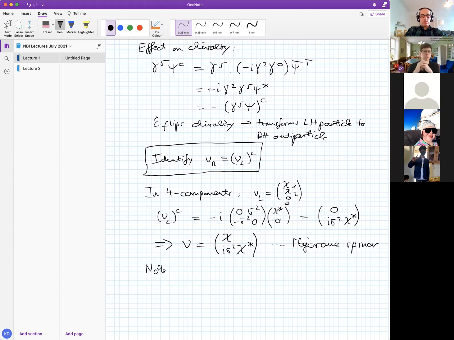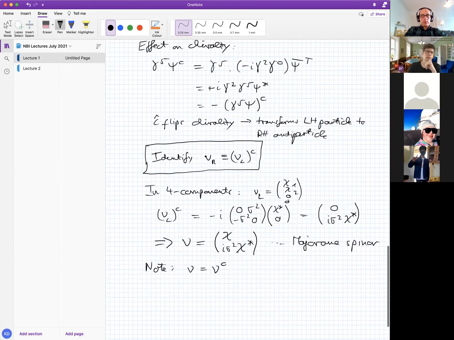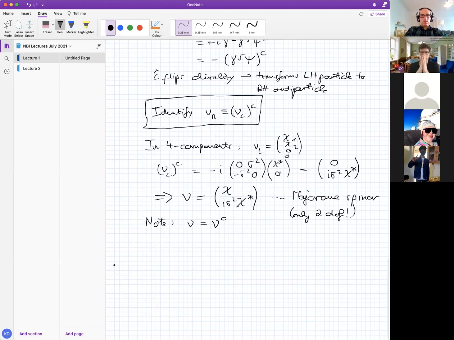Note that this spinor has the property that nu is equal to nu charge conjugate. But also remember that the Majorana spinor has only 2 degrees of freedom now, right? Even though it's a 4-component spinor, there's only 2 independent degrees of freedom, because we've identified the bottom 2 with the charge conjugate of the upper 2.